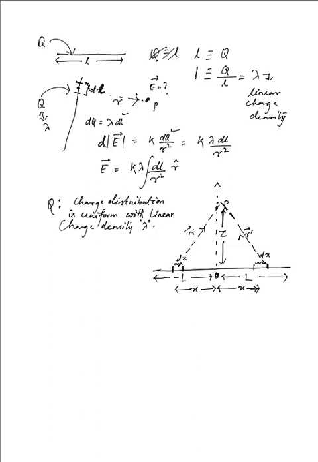Now from this point P you have the electric field for a positive test charge placed over there. This charge distribution is obviously a positive charge distribution. If it's not mentioned to be negative, then we can take it as a positive charge distribution.